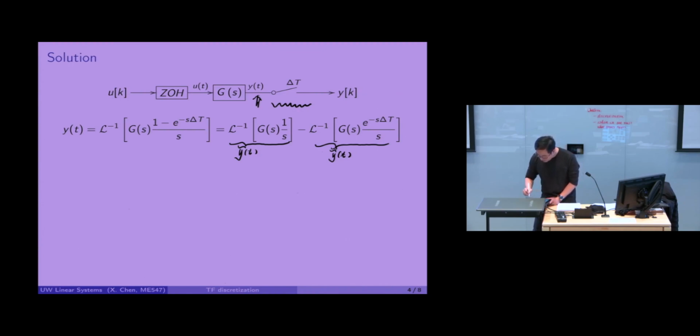Y tilde of t gets sampled by this sampler over here. It gives us Y tilde of delta t times k. This is defined as our Y bracket k in discrete time. And this Y double tilde t is nothing but Y double tilde of delta t k as well.